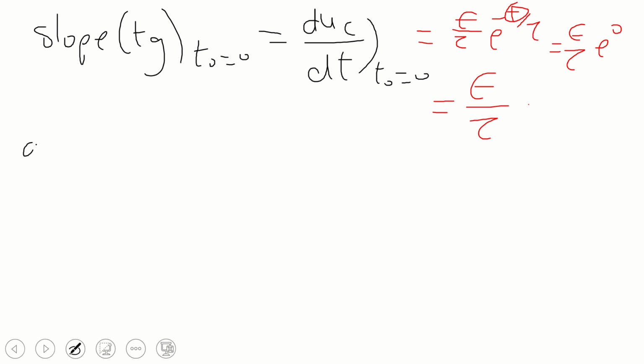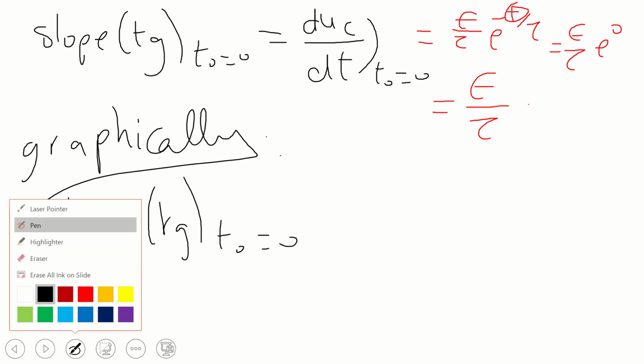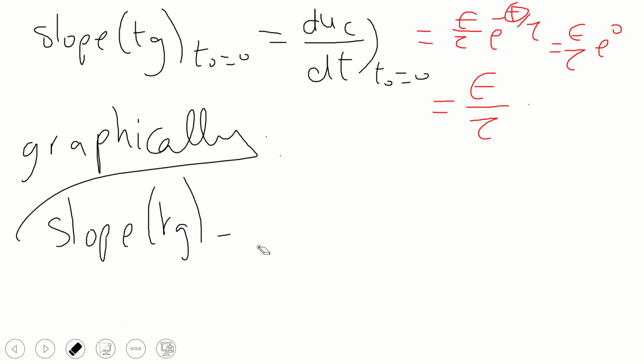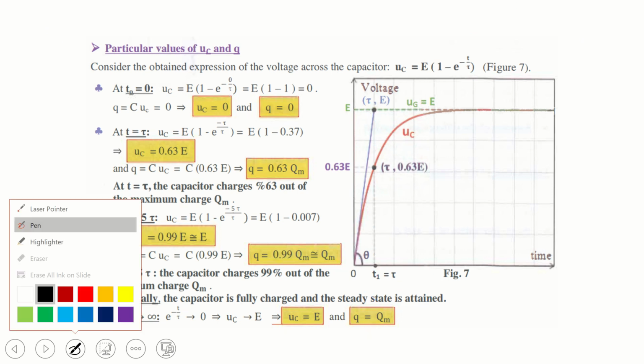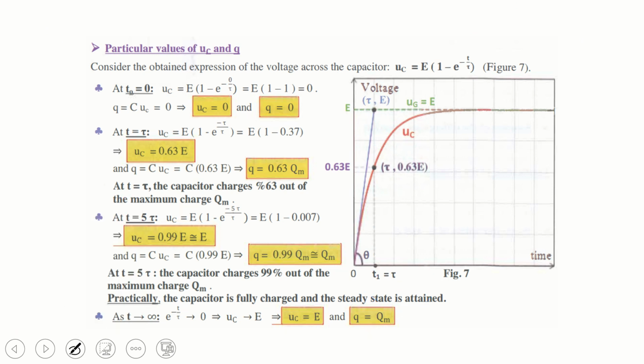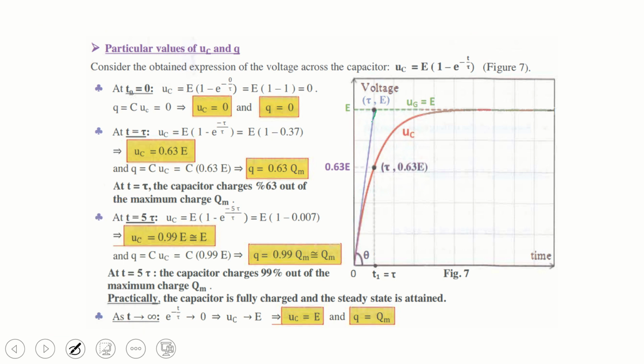Now, graphically, the slope of the tangent at T0 equals 0 equals, let's consider this triangle. This is the hypotenuse.